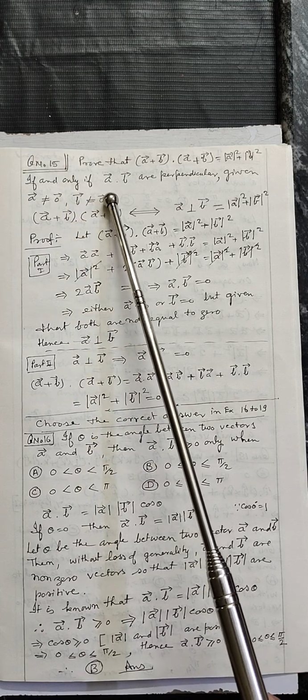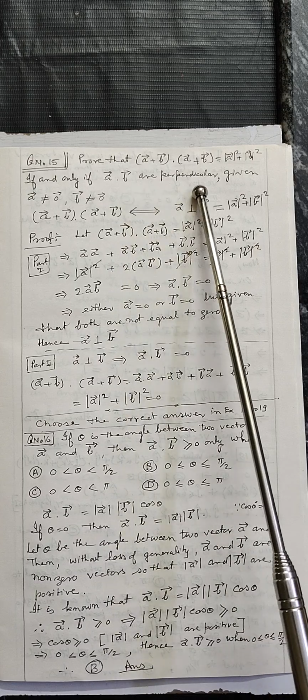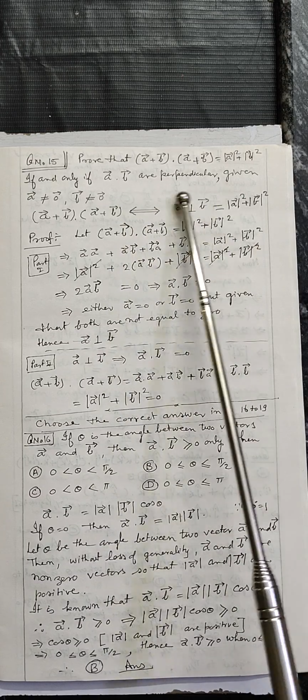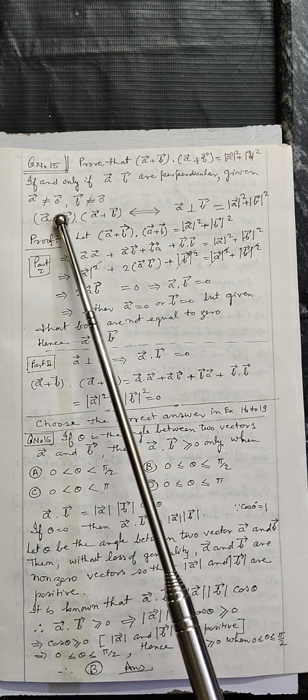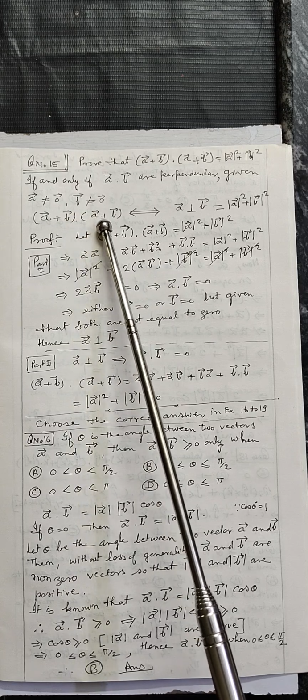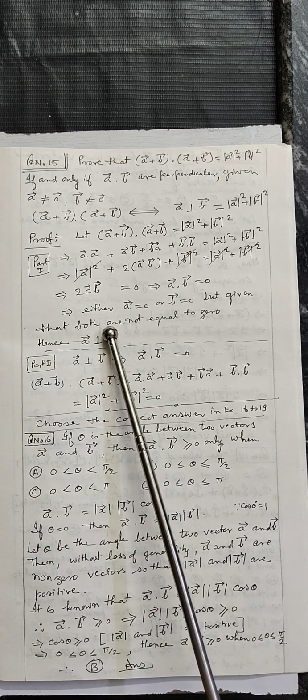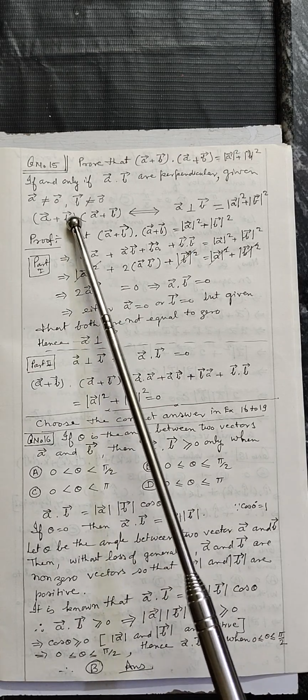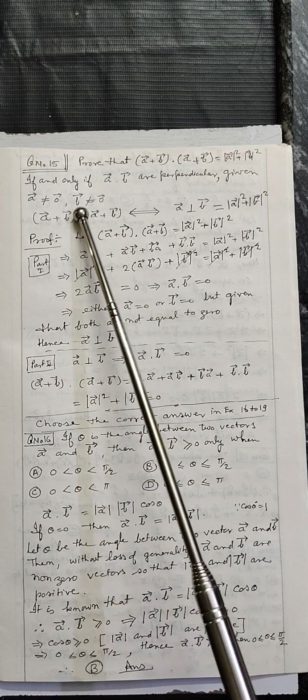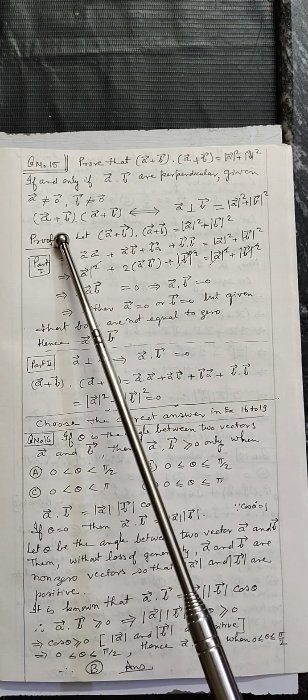vector A and vector B are perpendicular, given that vector A is not equal to 0 and vector B is not equal to 0 vector, meaning A and B are non-zero vectors. In that situation, we have to prove the given statement.